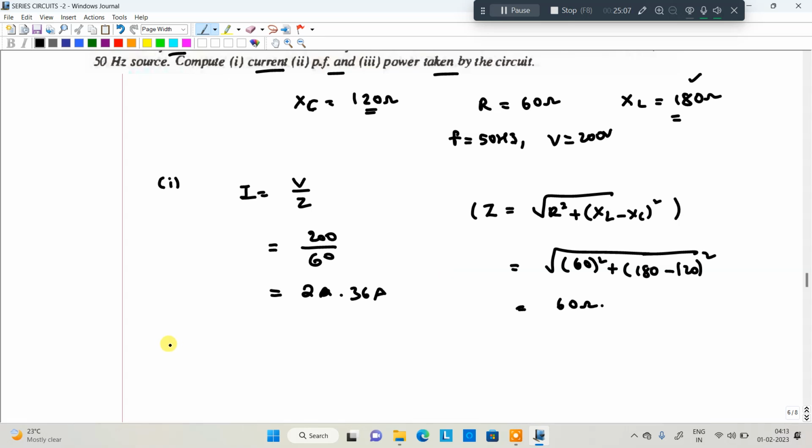So this is about the current. Second, they are asking about the power factor. Power factor cos phi is equal to R by Z. You know that. What is the R value? 60. What is the Z value?